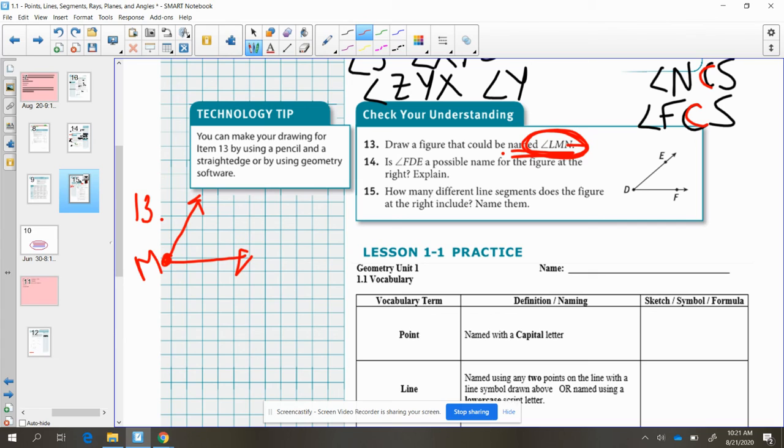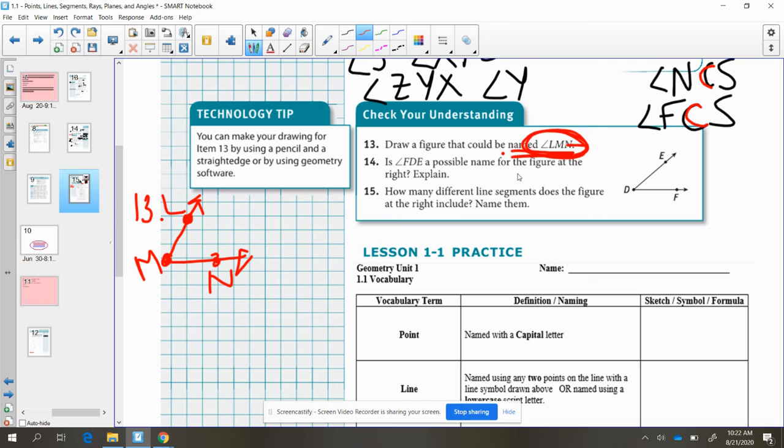So wherever we draw this angle, since M is in the middle, we need LMN. Could have made it NML, all right, but M had to be in the middle, right, because of the way it was ordered.